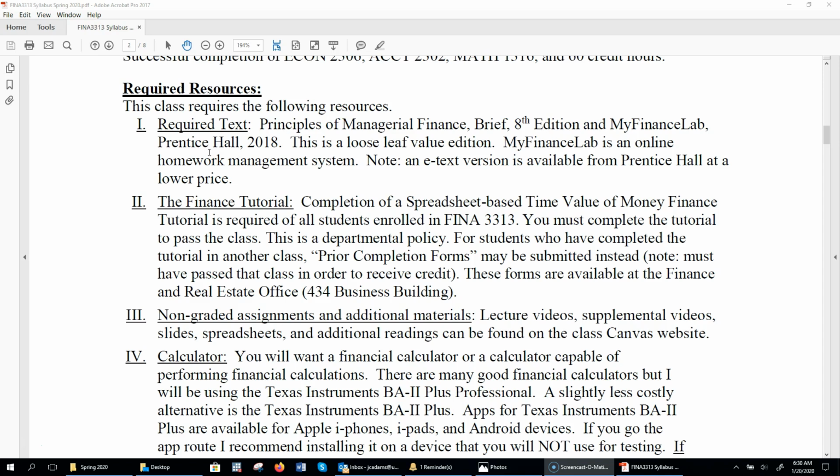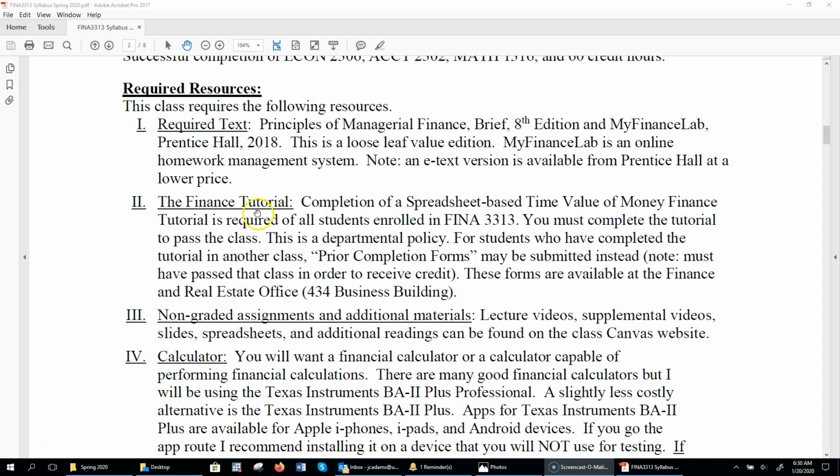When you register in that, you're going to have access to the e-text, all the homeworks, all the exams, everything, all the graded assignments are done through My Finance Lab, with the exception of the finance tutorial we'll talk about in a little bit. If funds are an issue, you can register now with My Lab Finance, and you get about 2 weeks of access before you have to pay up or enter an access code.